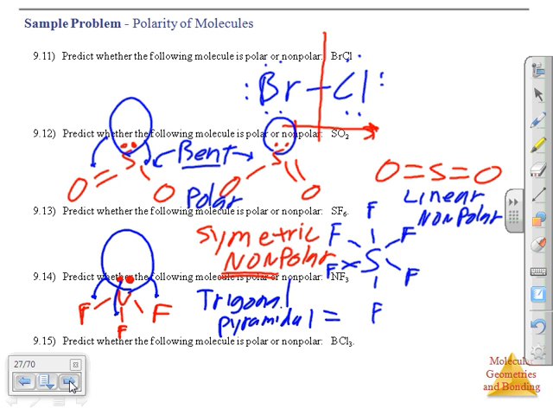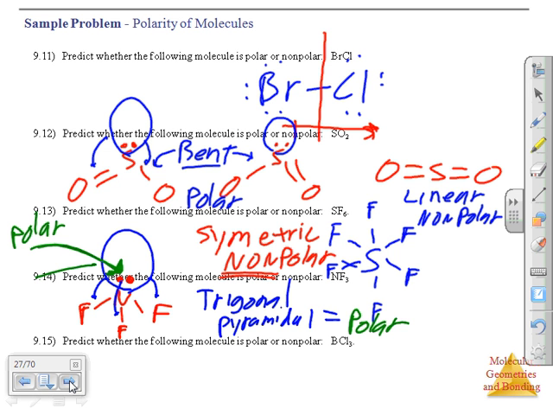Since it's trigonal pyramidal, it will be polar. Key thing to remember, if you have electrons on that central atom, it will be polar because that will distort the shape of it.